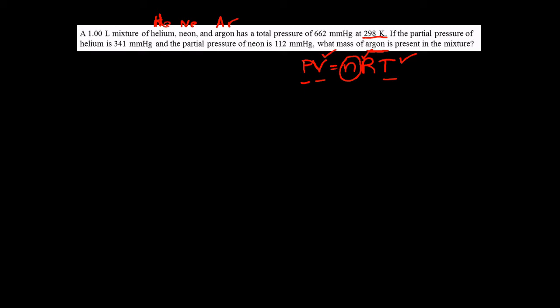What we don't know is the pressure, but we are told the total pressure, and we're given the pressure of the other 2 gases. So what we're going to do is say 662 millimeters of mercury is equal to the pressure of argon, which we don't know yet, plus the pressure of helium, which is 341, plus the pressure of neon, which is 112.